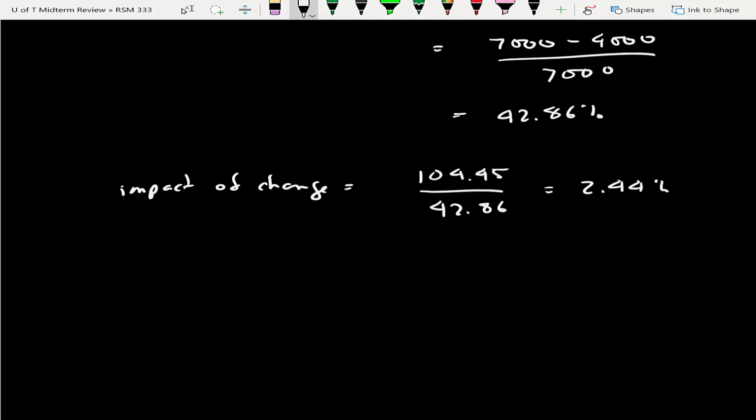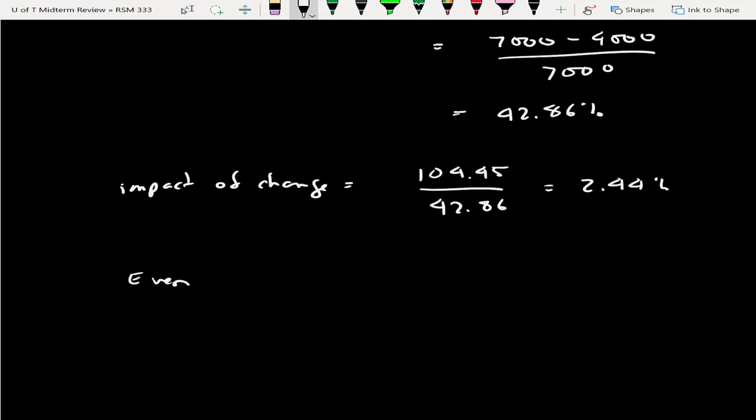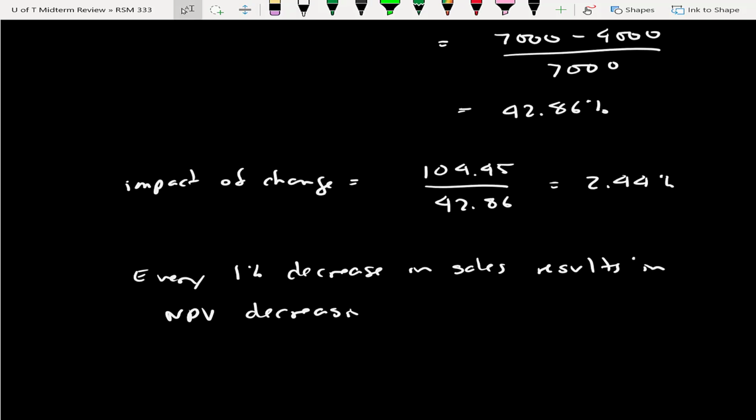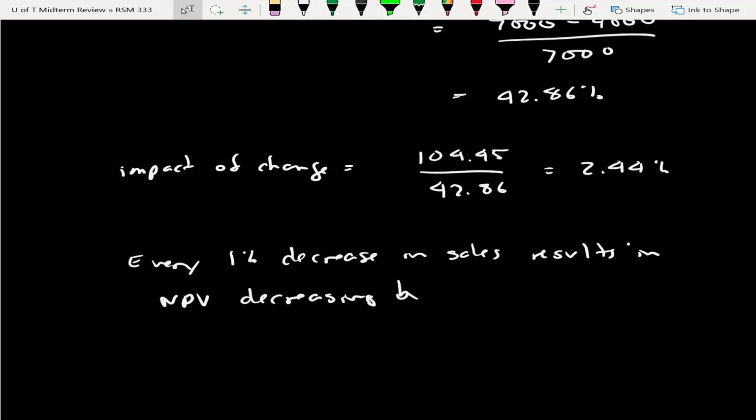So another way of saying that is every 1% decrease in sales results in NPV decreasing by 2.44%. And that's useful to know because it gives you a base estimate of how much you can miss your forecast by before you get into trouble.